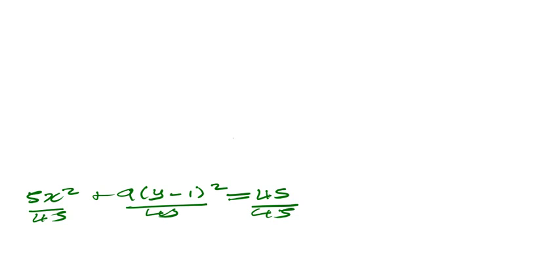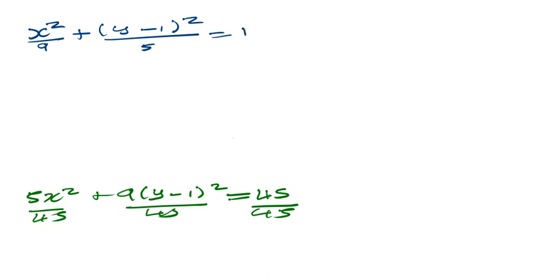How many times does 5 go into 45? So meaning we are going to have x squared divided by 9, then plus y minus 1 squared divided by 5, is equals to 1.